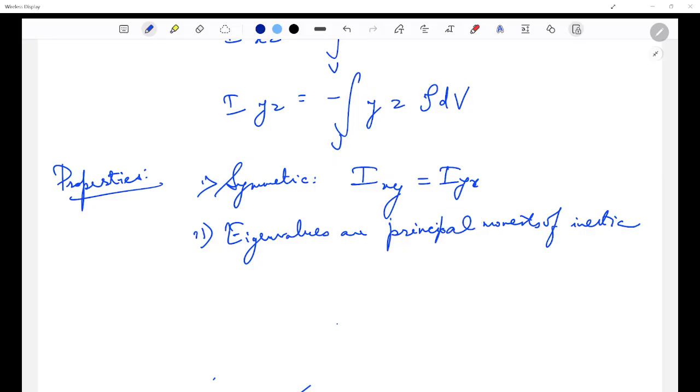And then eigenvectors define the principal axes.